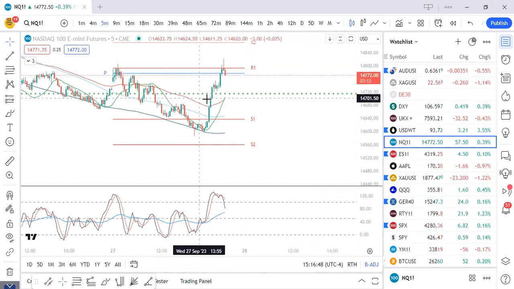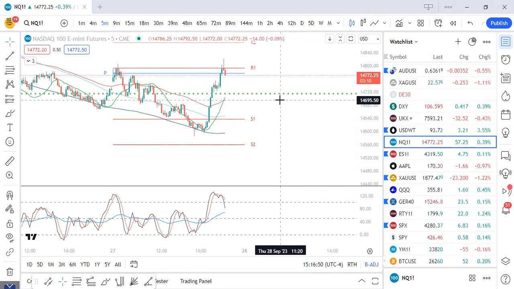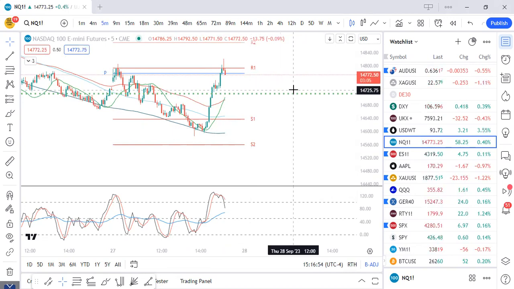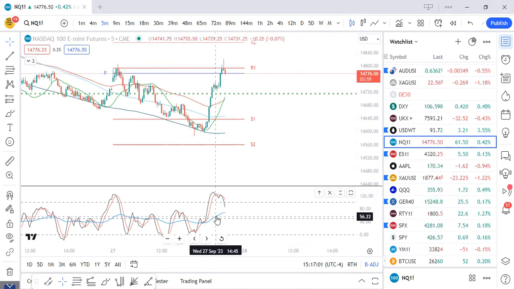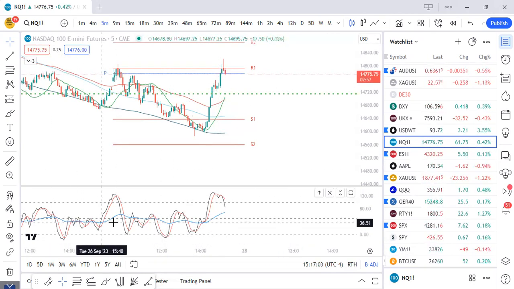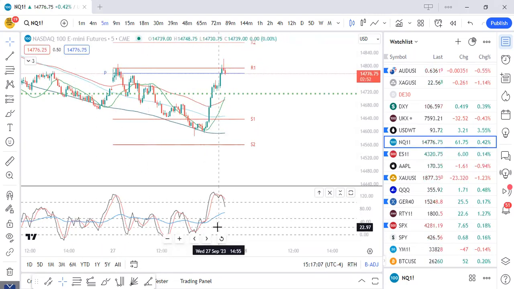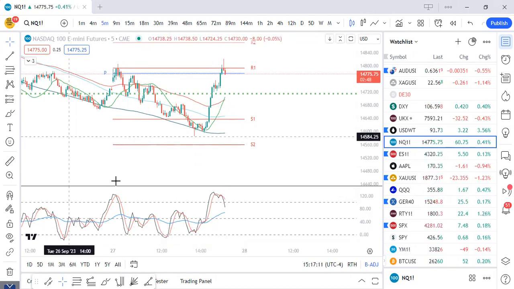Now sir, this blue line in the reversal chart below, is it support? It is just the average. So this is not support or resistance. It is useless, so ignore it.